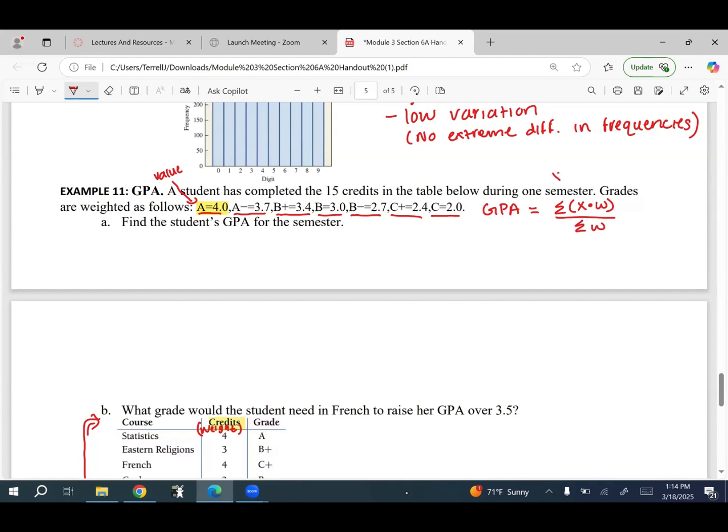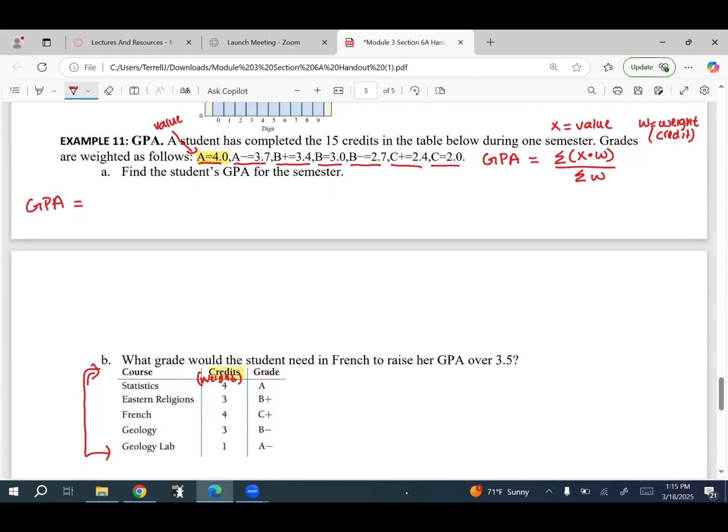I'm going to write above, X means value and W means weight or credit in this case. So to find the GPA here, let's look at the table here. The student got an A, so we know an A is 4 points, right? But it's in a 4-credit class.